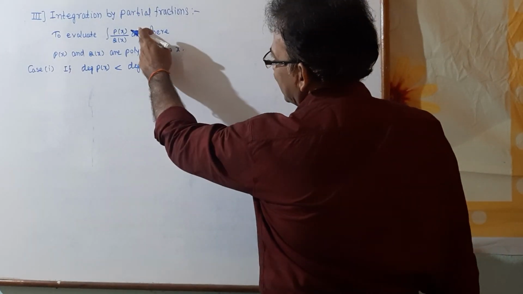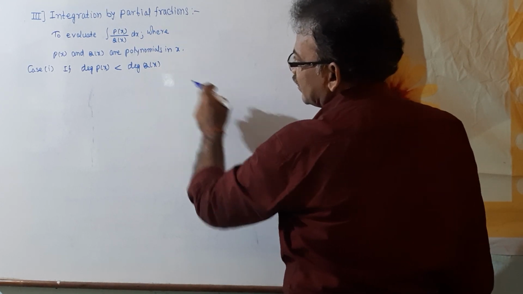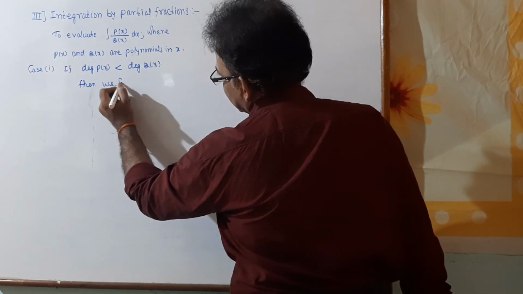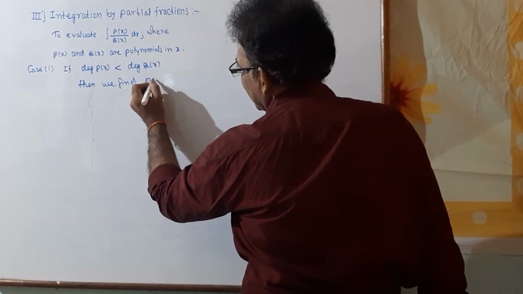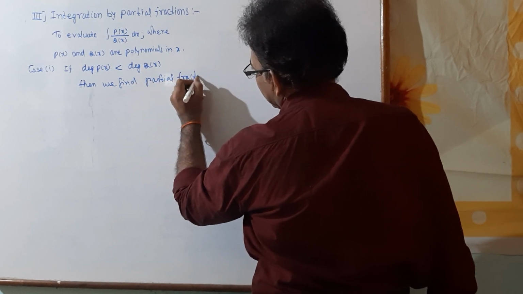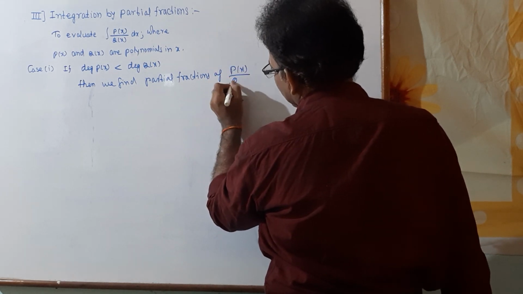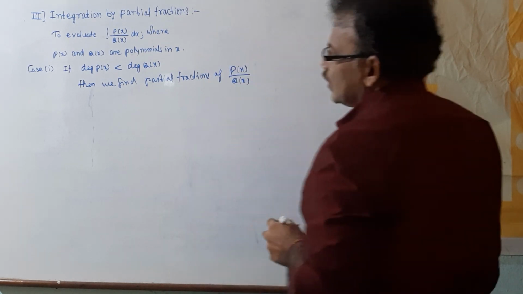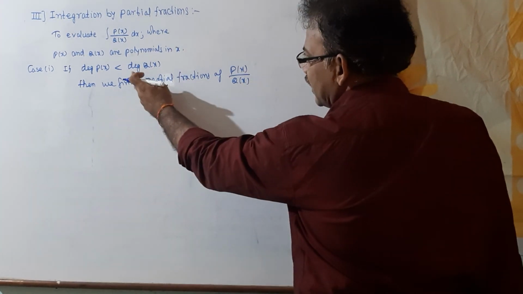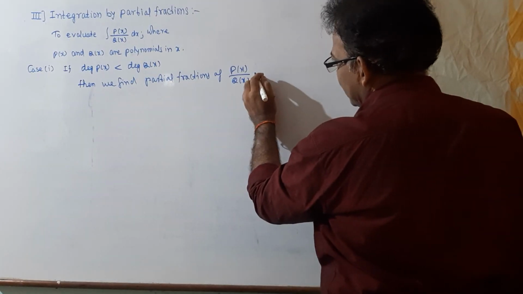If the degree of the numerator is less than the degree of the denominator, then in such case we find partial fractions of p of x divided by q of x.